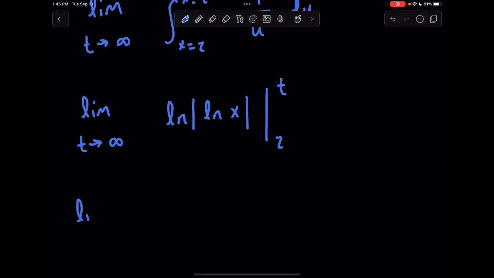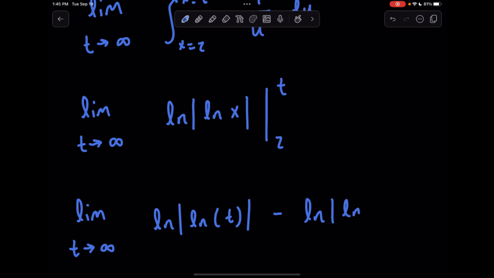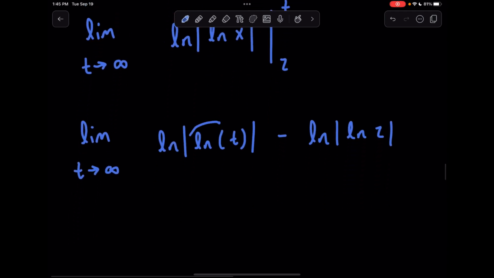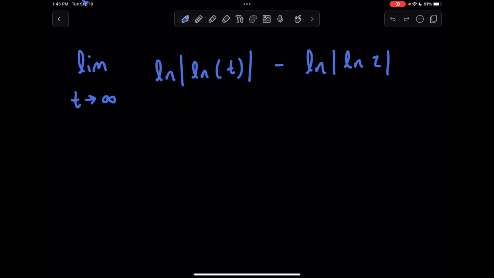Plugging in, we get this is the limit as t approaches infinity of ln, absolute value of ln of t, minus ln absolute value ln 2. The natural log of infinity is just infinity. And again, the natural log of infinity is infinity. So we can say that this whole integral is equal to infinity, and the integral diverges.